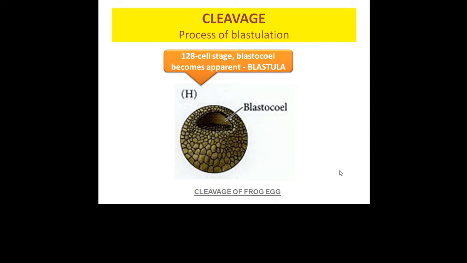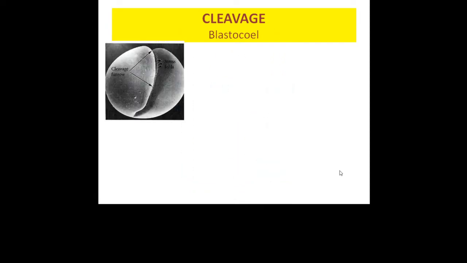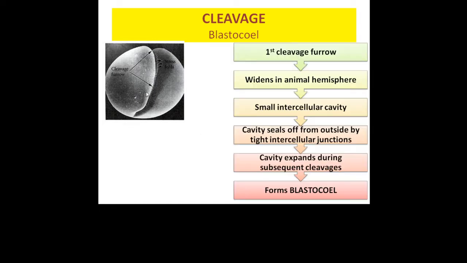As cleavage proceeds, the 128 cell stage is reached and blastocele becomes apparent, and now the embryo is called blastula. The formation of blastocele actually can be traced back to the very first cleavage. As the very first cleavage occurs, the cleavage furrow widens in the animal hemisphere and gives rise to a small intercellular cavity.